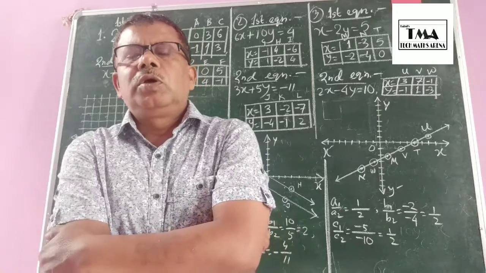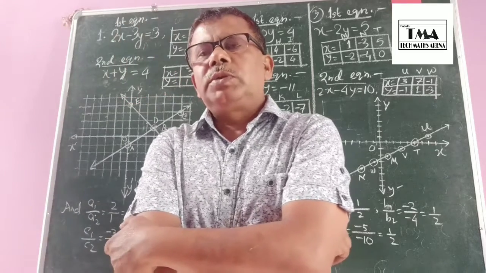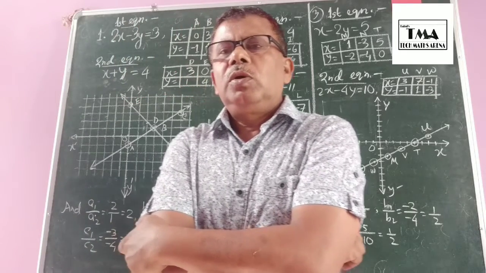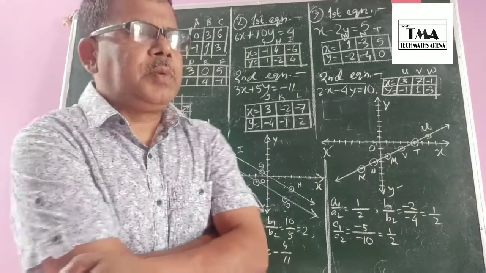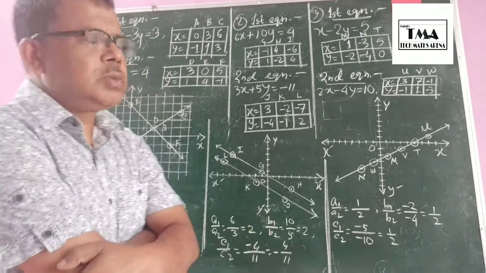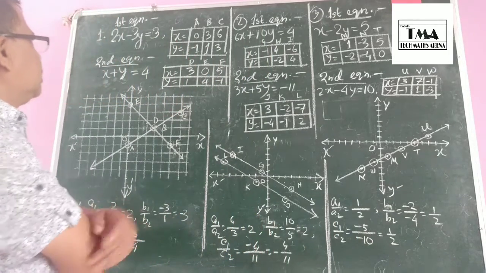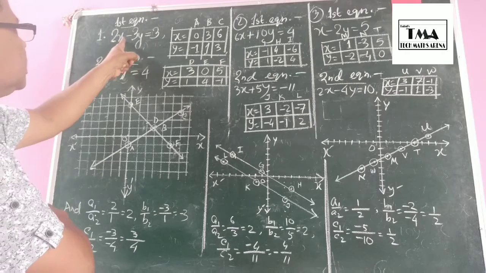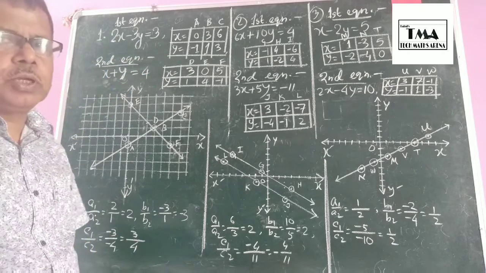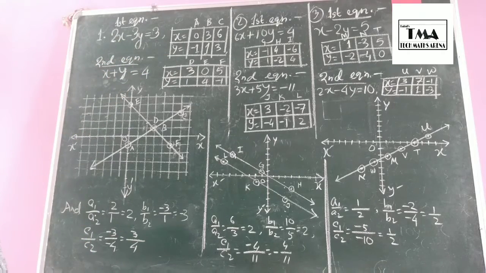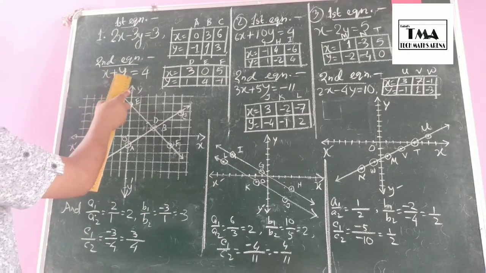Okay, students, to carry out this activity, I have taken 3 pairs of linear equations. The first pair is 2x minus 3y is equal to 3, and the second one is x plus y is equal to 4.